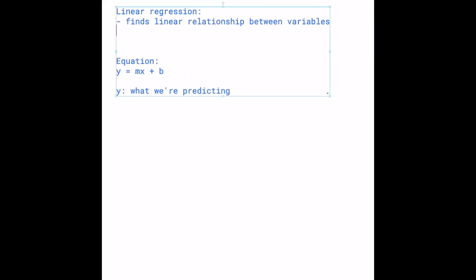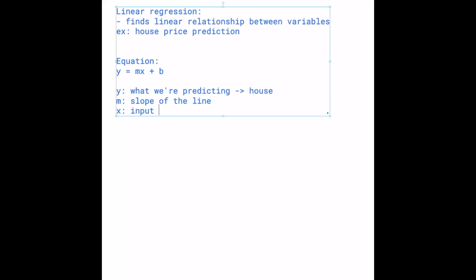If we're using the example of house price prediction, y is basically what we're predicting, or in other words, the house price. m is the slope of the line. x is the variable we're using, so the input, maybe like house size. And then finally b is the y-intercept.